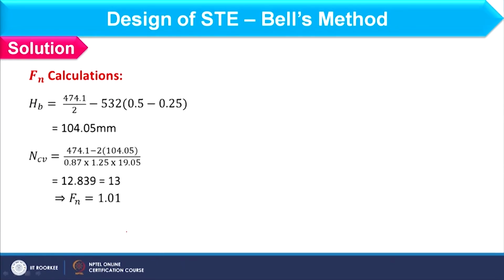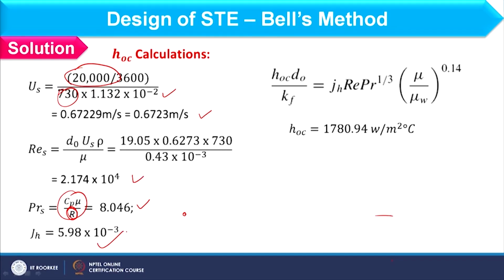So, considering all these values, you can use this expression where you can neglect viscosity correction factor, and HOC you can obtain as 1780.94 watt per meter square degree Celsius. Here this W should be capital. Okay. So, in this way you can find out HOC value.